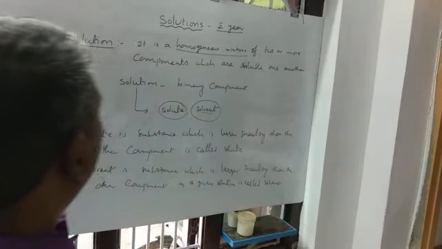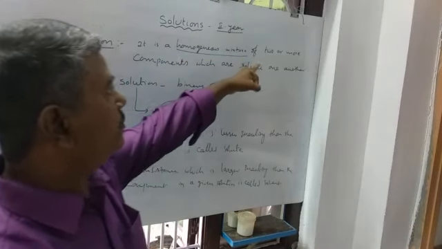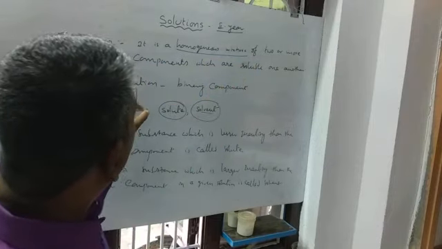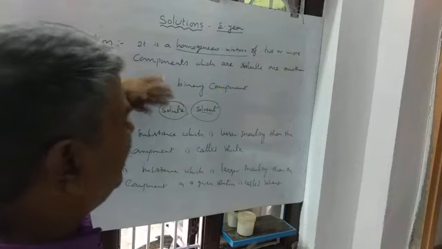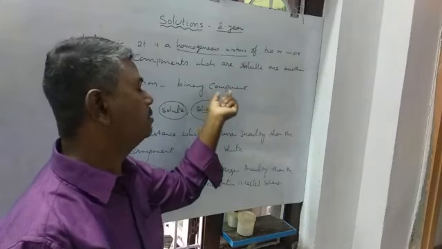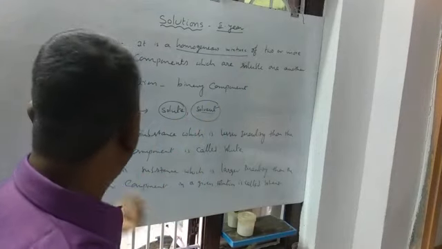Clear? So solution means it is a homogeneous mixture consisting of two or more components which are soluble in one another. That means a solution at least contains binary components, meaning two components: one is a solute and another is a solvent.